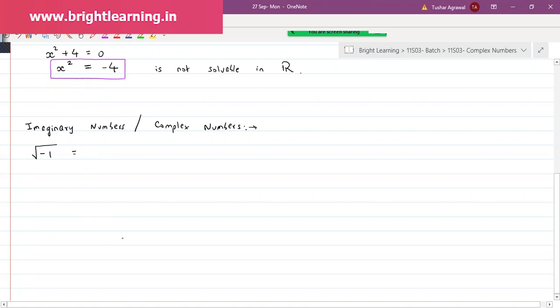Minus 1 under root. Now in the set of real numbers, we definitely know that there is no number x such that x square plus 1 equals 0. So x square is equal to negative 1.